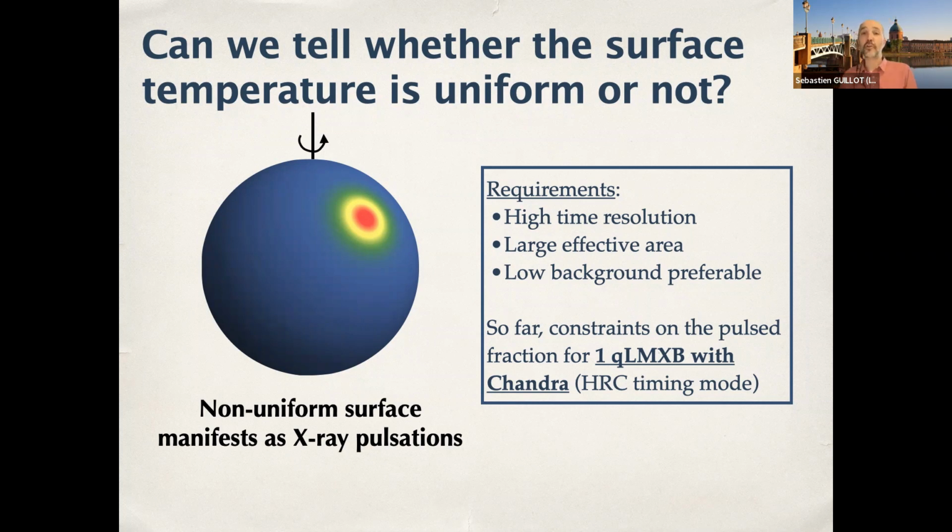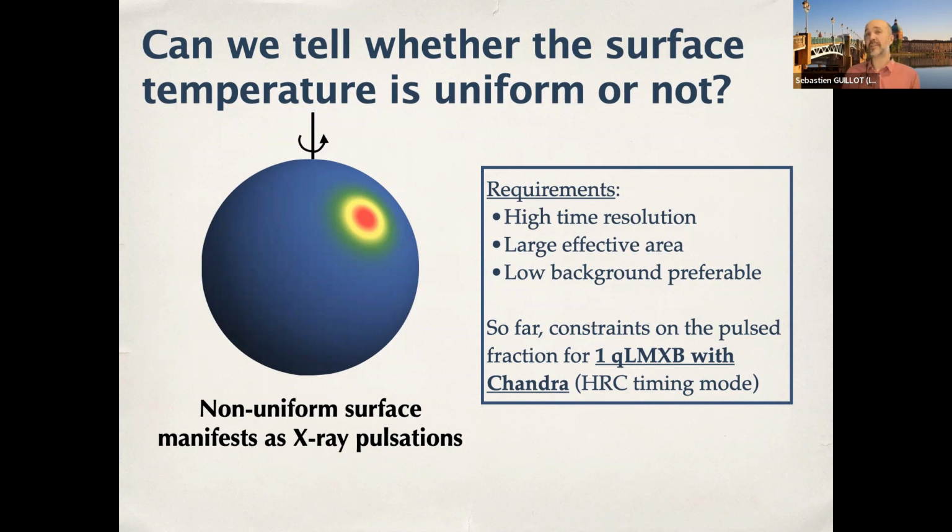So if we look at the current observatories, Chandra can only do this in timing mode, and the sensitivity of Chandra at low energy has decreased, so it's getting really hard to use Chandra for this, and its sensitivity is quite low in comparison to other X-ray observatories.